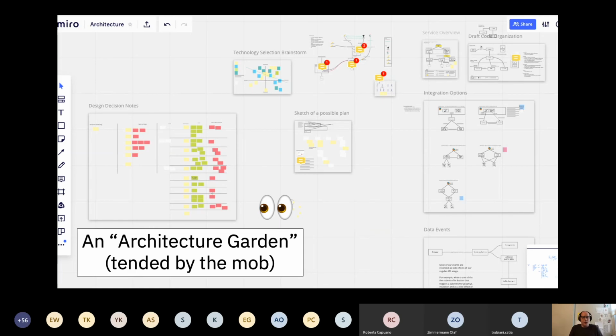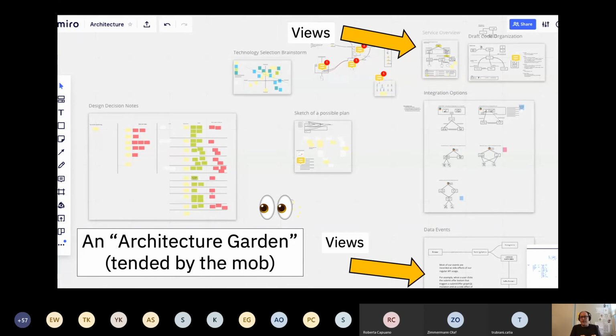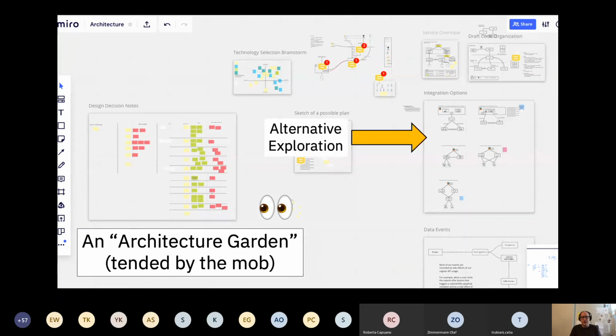Here's an example of an artifact that we maintain during our mob programming sessions. It's something we call an architecture garden. It's a great example of a visual thinking element as well. So you can see all kinds of cool stuff in here. While maybe there's a driver and a navigator working together, someone is listening to that conversation and updating views of the architecture.